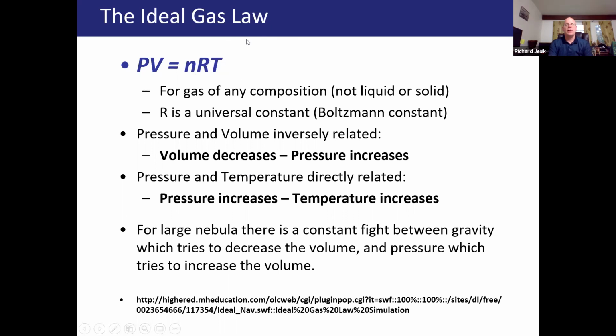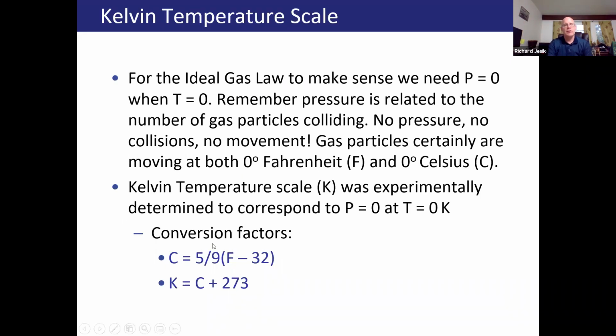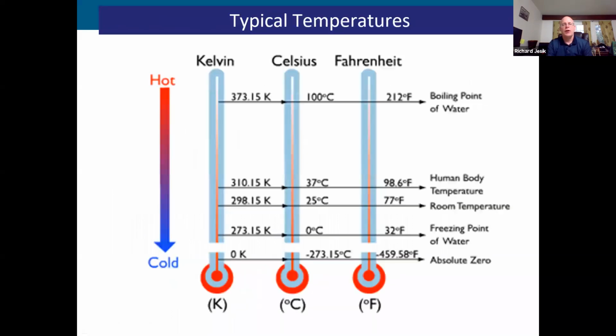We have to use the Kelvin temperature scale, which corresponds to zero movement of the particles. Zero in Celsius or Fahrenheit doesn't work. If you ever need to do a conversion, those are the conversion factors. Kelvin is just Celsius plus 273. And then to get to Celsius, if you're given Fahrenheit, you do that.